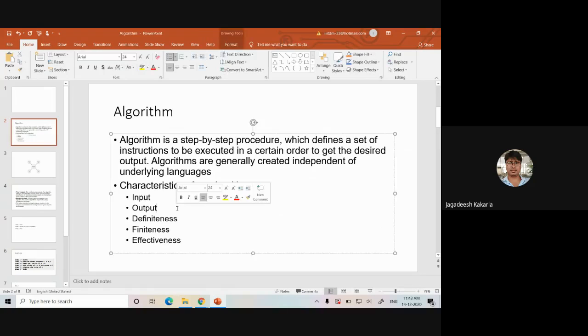Okay. Now let me discuss what an output is. Every algorithm should produce at least one output. Why should it produce at least one output? Can anyone tell me?